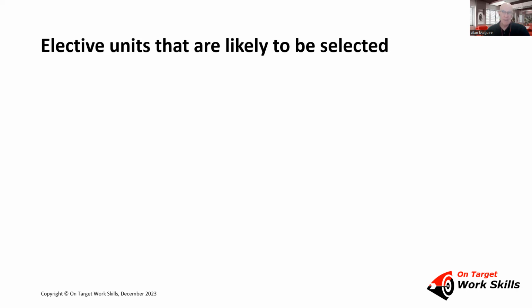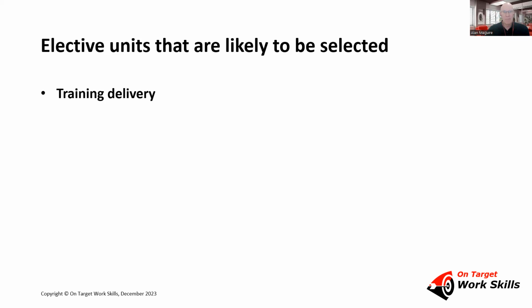In the VET system, often the RTO does the selection of the elective units rather than giving you the opportunity to elect units. Therefore, basically you are offered a course and it'll consist of units. So if the RTO has already elected or selected those units, I've just got here a couple of units that you could typically expect to be selected for you or offered.